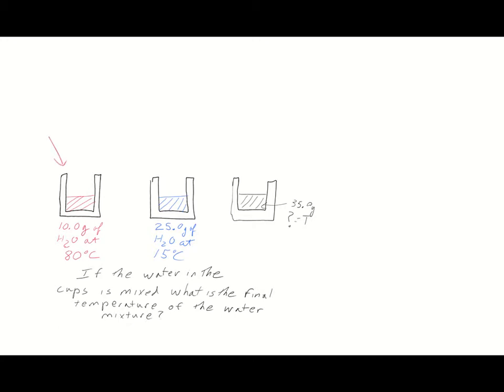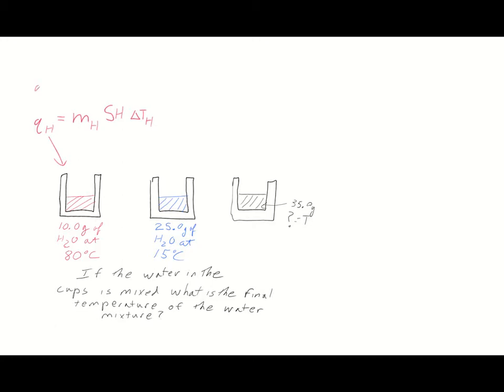For my hot water, the Q of the hot water, or the heat of the hot water, would equal the mass of my hot water times the specific heat of water times the temperature change that my hot water would undergo. In this scenario, we know what all those things are.